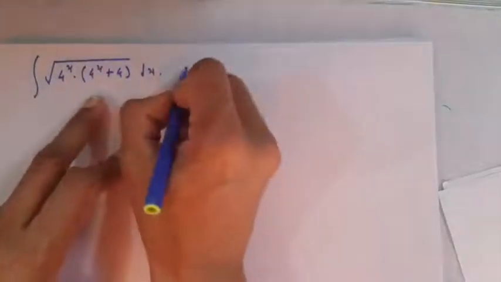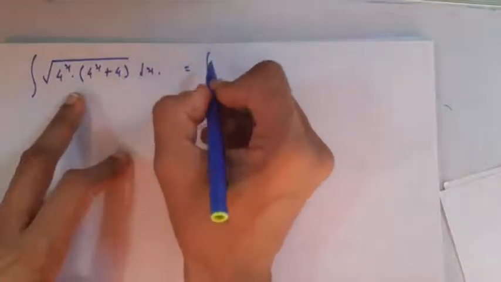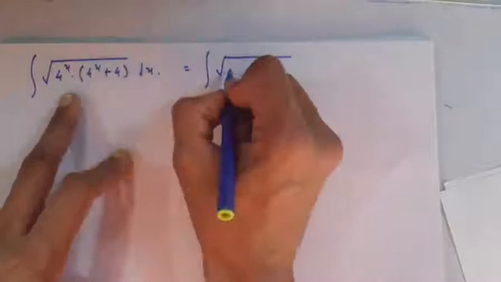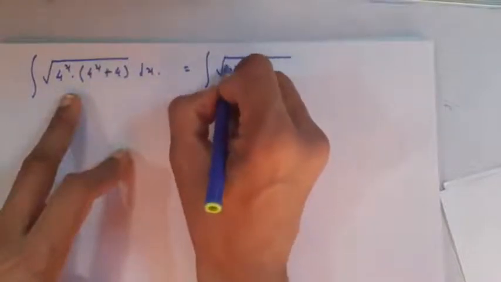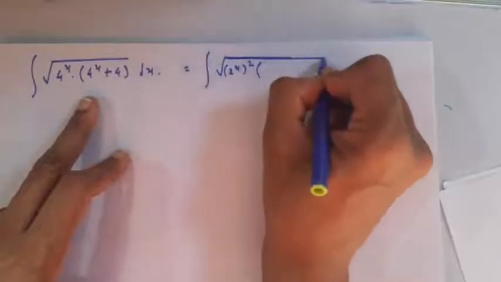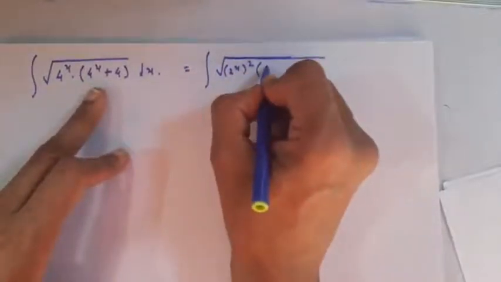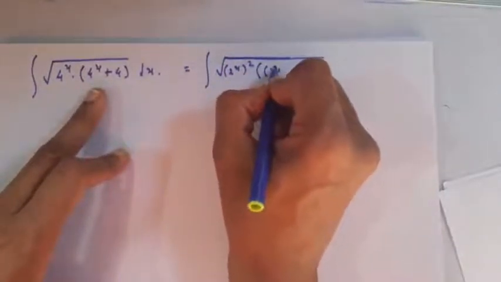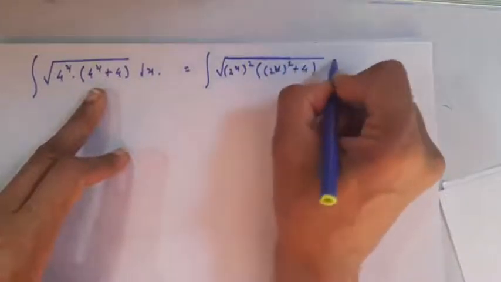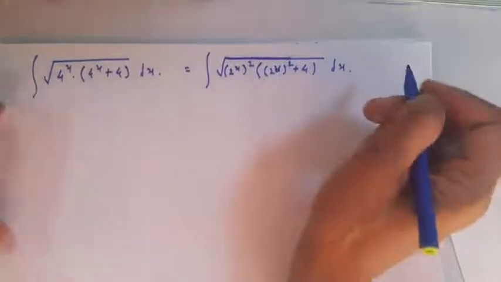So students, we can write this integration as square root of 2 raised to x whole square, into 2 raised to x whole square plus 4, with respect to x.